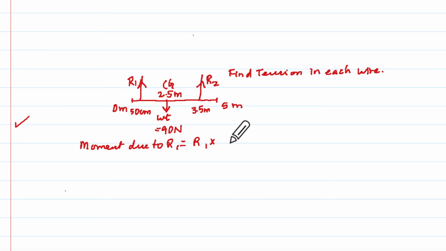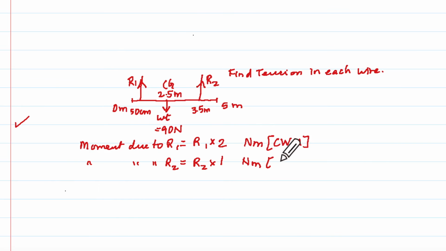So that will be 2.5, and 50 means 2 meters. So Newton meter, and this will be this way, so clockwise moment. And the moment due to R2 is going to be equal to R2 multiplied by, from here to here will be 1 meter, so Newton meter, and this will be anti-clockwise.